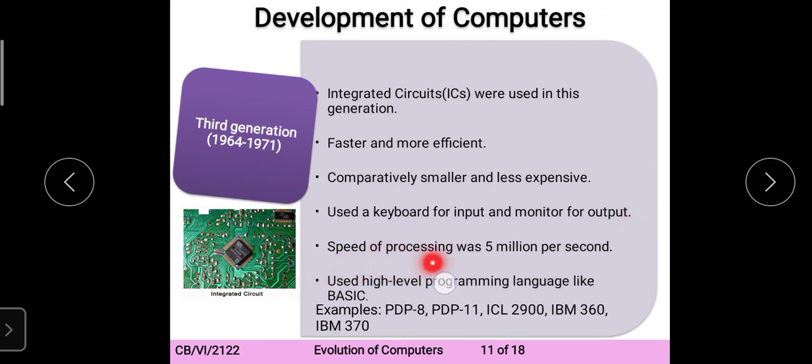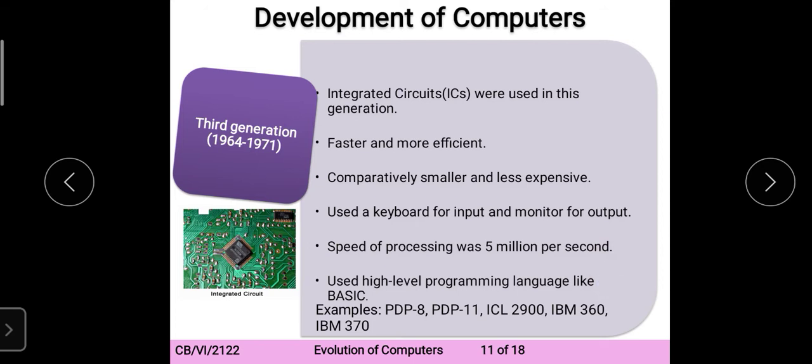Speed of processing was 5 million per second. In the first generation, there were 10,000 instructions per second, but for the third generation, 5 million instructions per second.